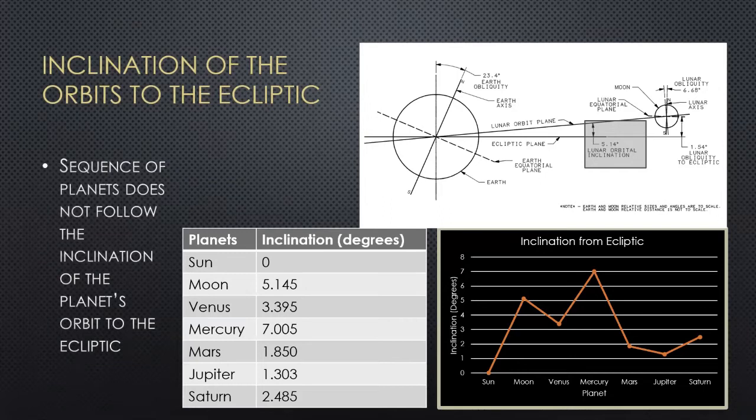Well, what we tried initially when looking at this problem was maybe they're connected to the inclination of these planets to the ecliptic plane, the plane where the sun is moving, basically the maximal inclination. For example, here is the one of the moon, which is 5.14 degrees.